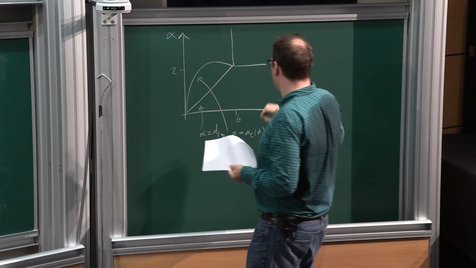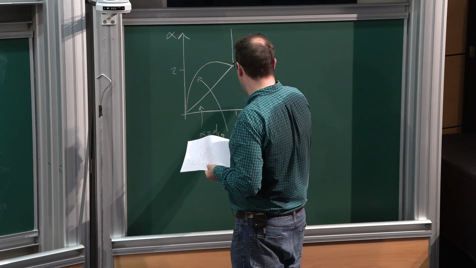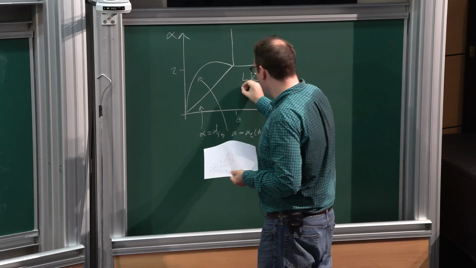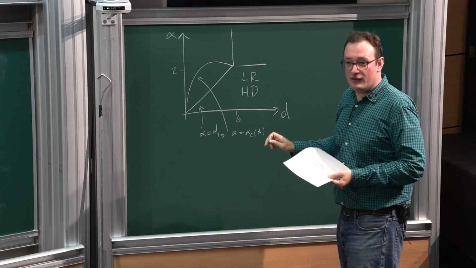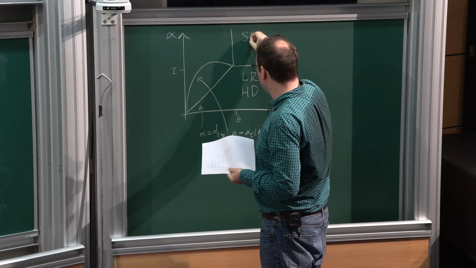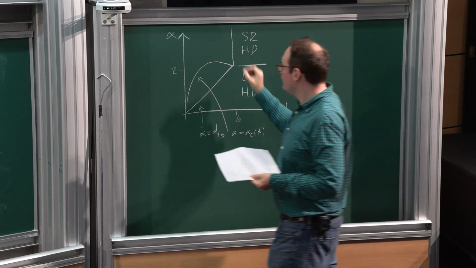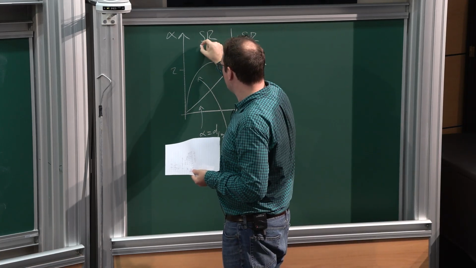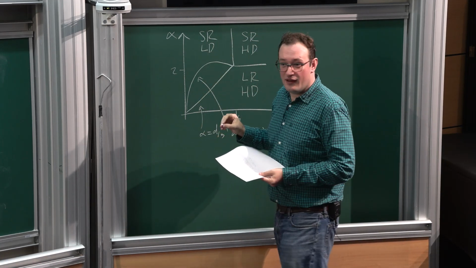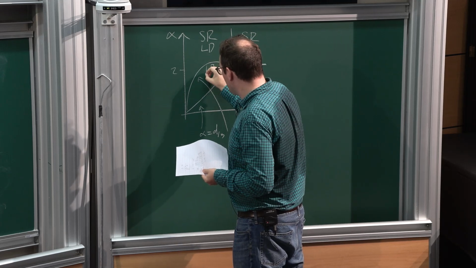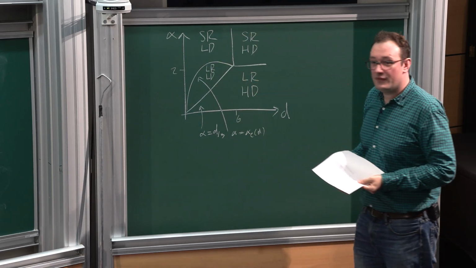So what we expect is that we have this regime where you are long range and high dimensional, this regime where you are effectively short range and high dimensional, this regime where you're short range and low dimensional, and this regime where you're long range and low dimensional.